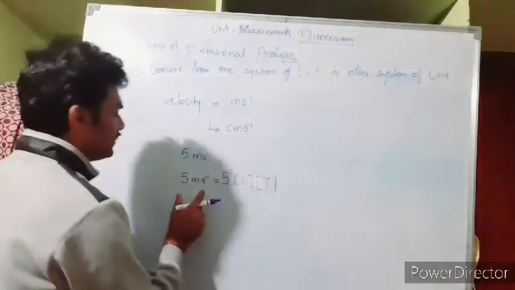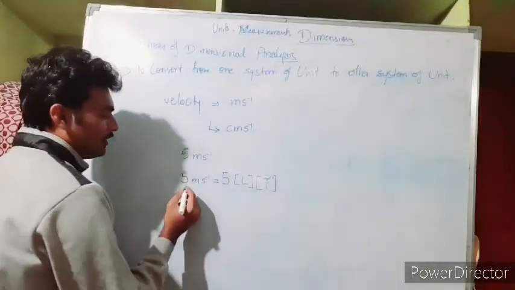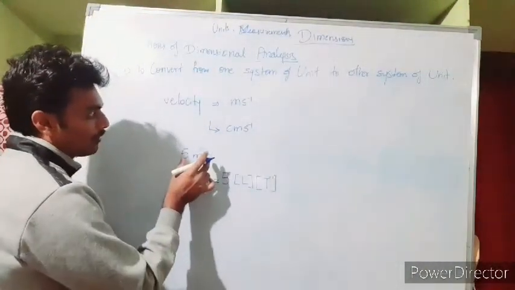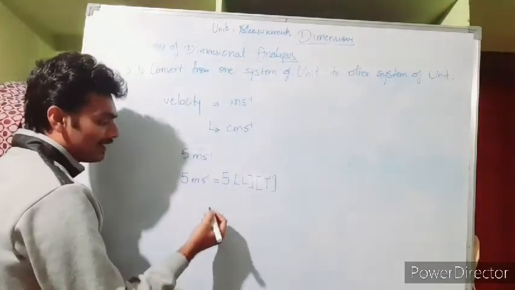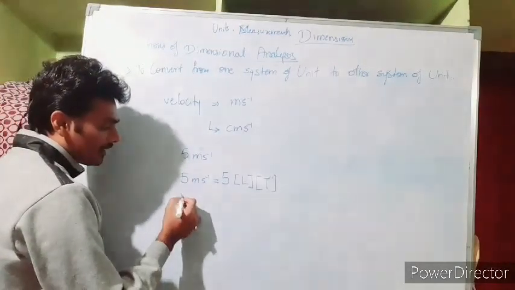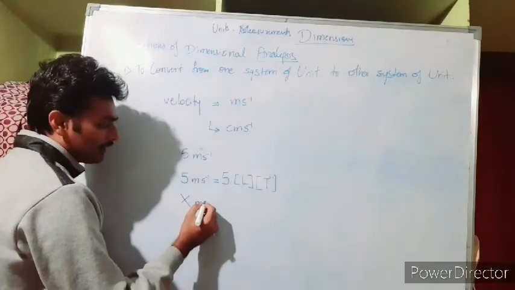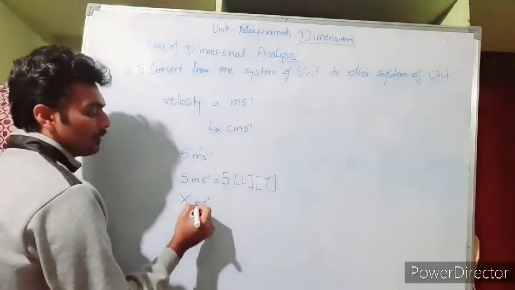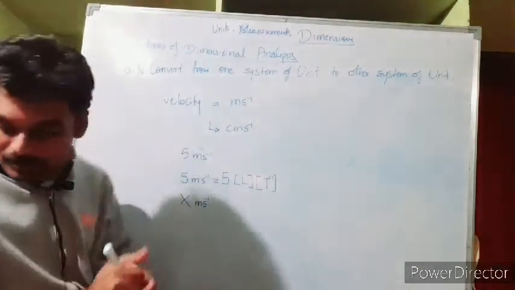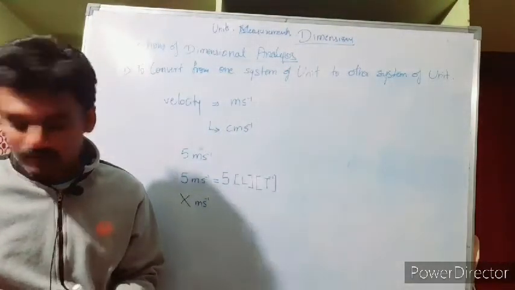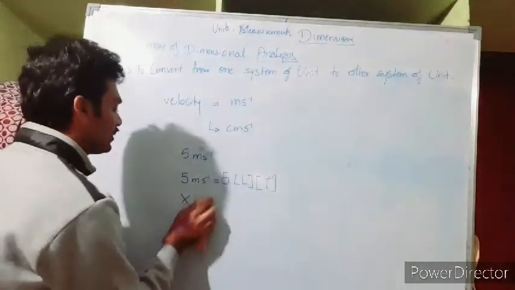And similarly, when I write the value of velocity in centimeter per second, let me take that as some x centimeter per second, for CGS system.